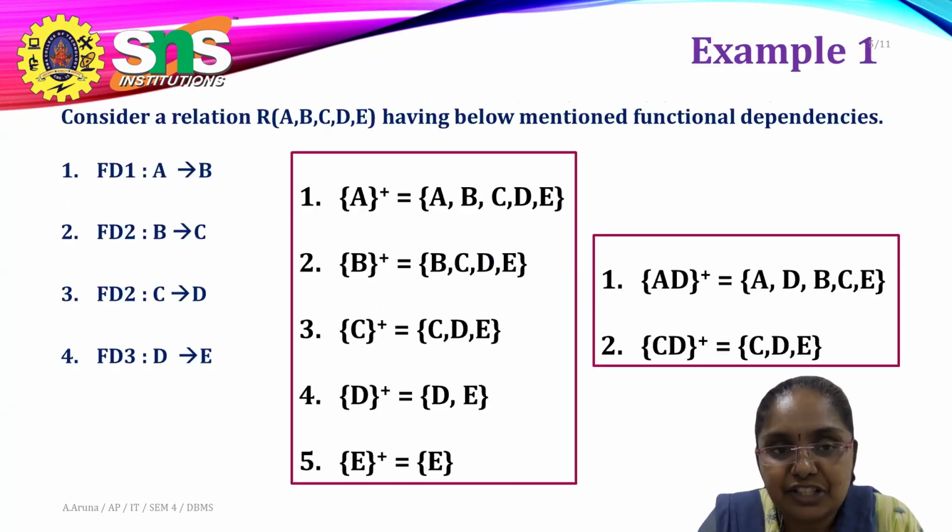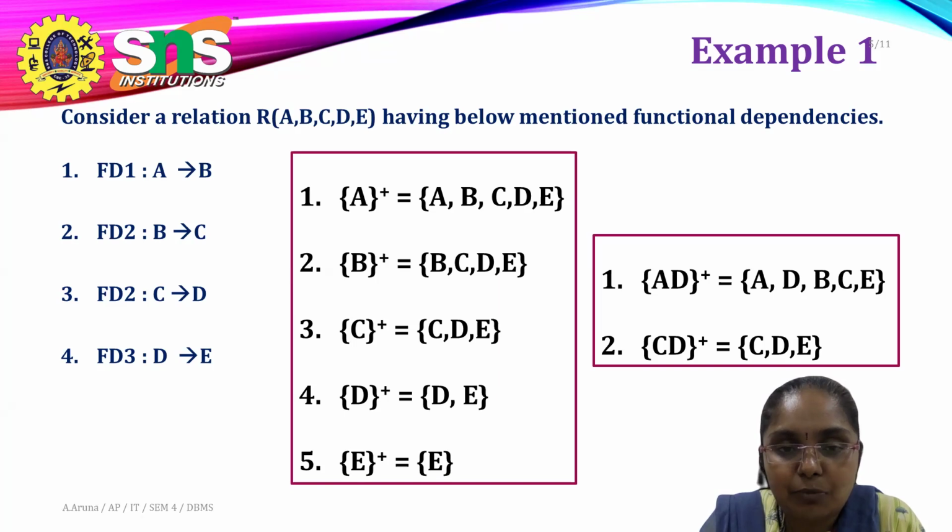For example, consider a relation R of A, B, C, D, E having the following functional dependencies. Dependency 1 is A tends to B, dependency 2 is B tends to C, dependency 3 is C tends to D, dependency 4 is D tends to A. First I'm going to calculate the A closure.